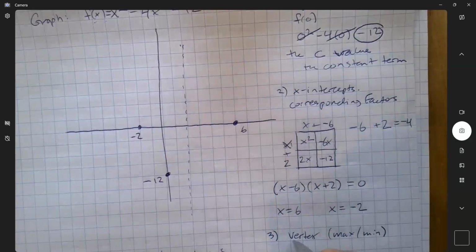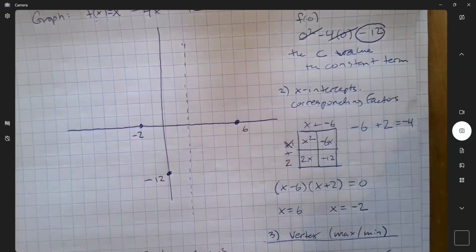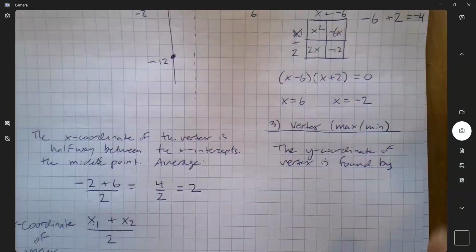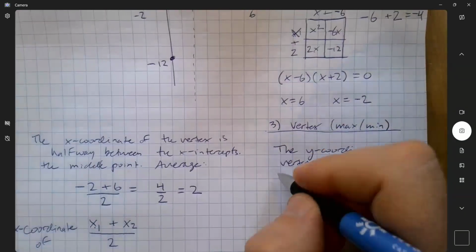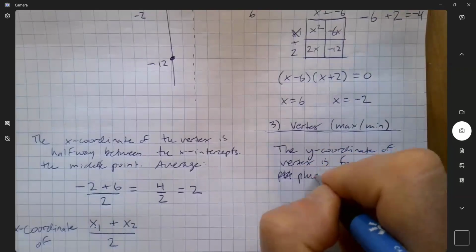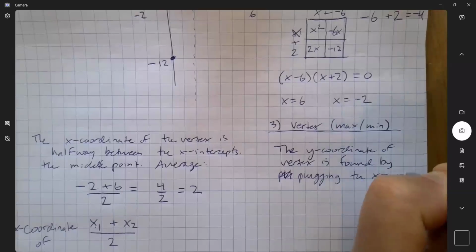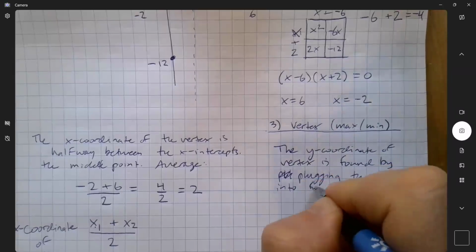So how do you find the y-coordinate? The y-coordinate of the vertex is found, the y-coordinate of the vertex is found just by plugging the x-coordinate into the function.